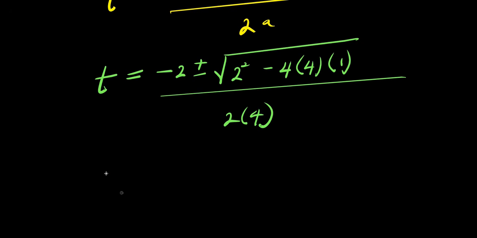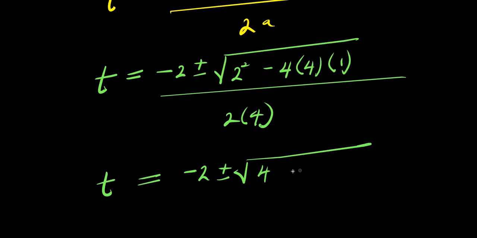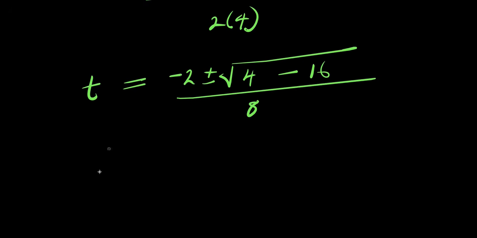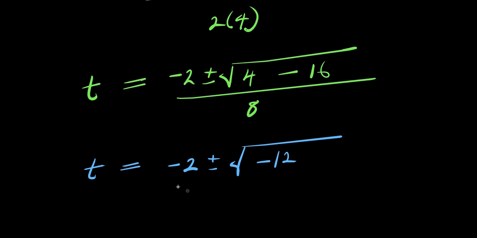So from here, we have t equals negative 2 plus or minus square root of 2 squared, that is 4, minus 16, divided by 8. From here, we have t equals negative 2 plus or minus square root of negative 12, divided by 8.